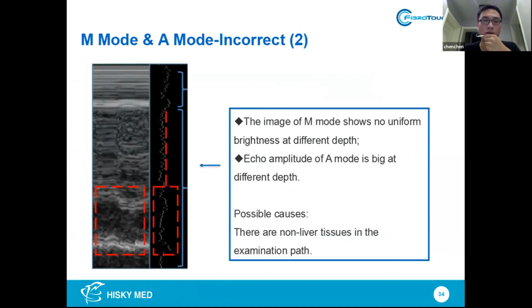That might be blood vessels, and in that case the A mode also curves. So it is a false image of M mode and A mode. If you do the measurements with a picture like this, you will get false results. So we have to move the probe along the intercostal space, try to find a good image and get good results.